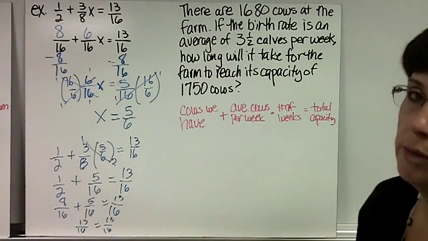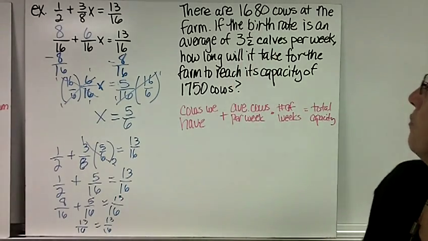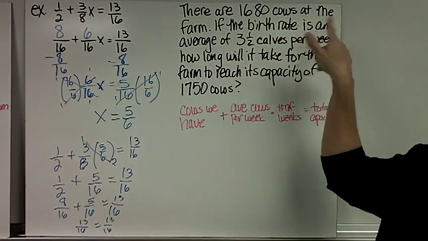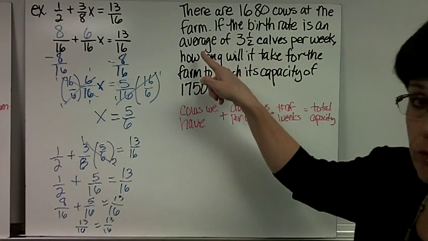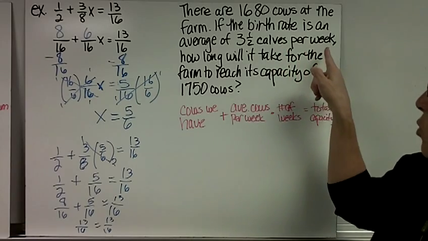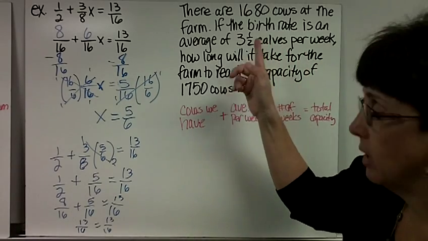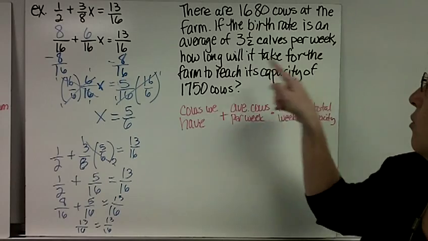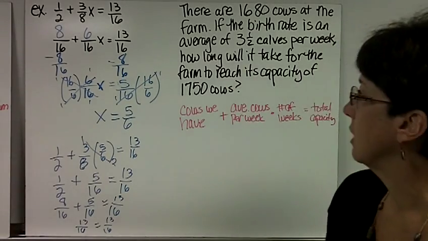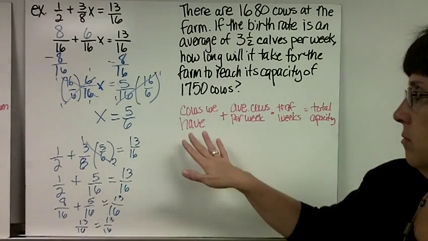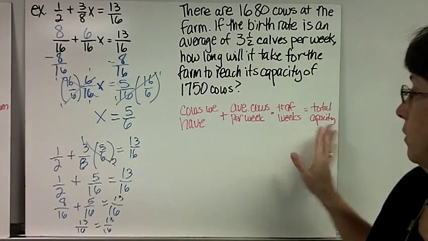All right, word problem. There are 1,680 cows at the farm. If the birth rate is an average of 3.5 calves per week, it's average, that's why it can be a half, how long will it take for the farm to reach its capacity of 1,750 cows? Well, this is what we would do to figure it out.